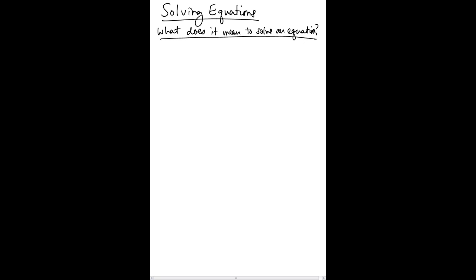Well, let's start out with a few definitions. Solving an equation basically just means finding all of the values, which when we plug them in for the variable or variables, if there's more than one, make the equation true.